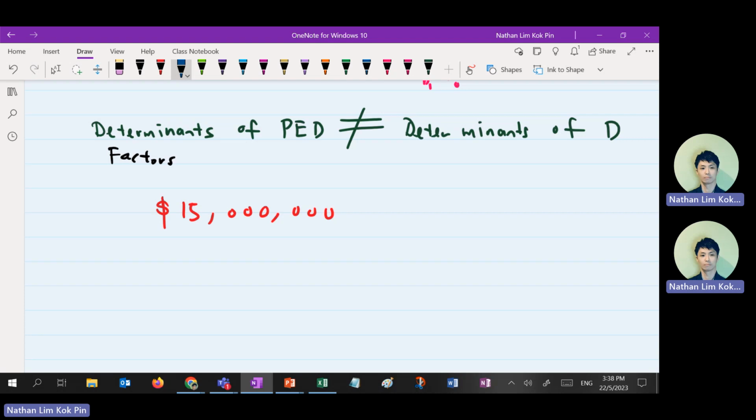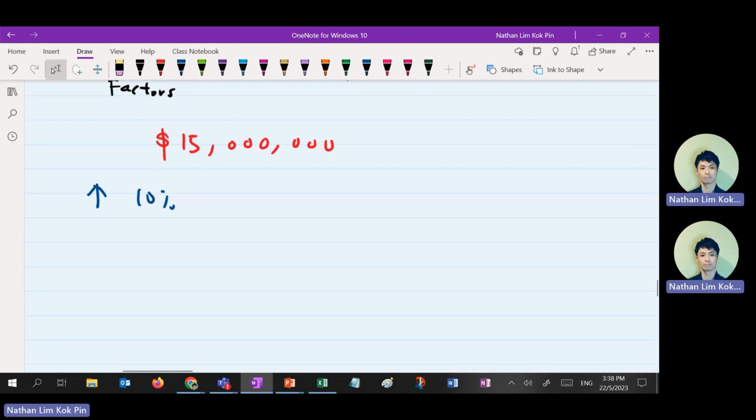We want to measure our sensitivity. We want to measure, okay, what if the price increased by 10%? Will you still buy? Increase by 10% of 15 million is how much? Oh, I'm wrong, so sorry.